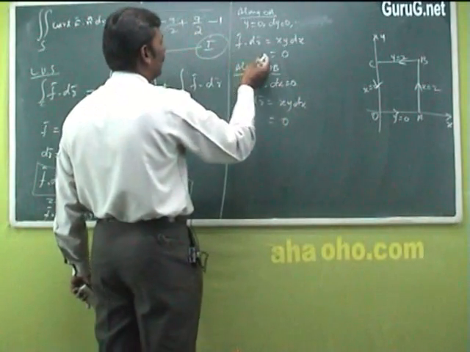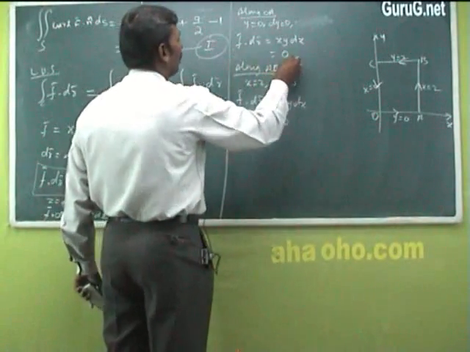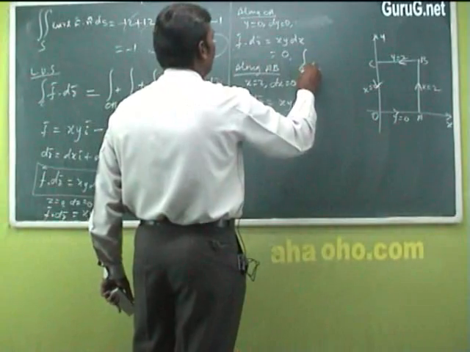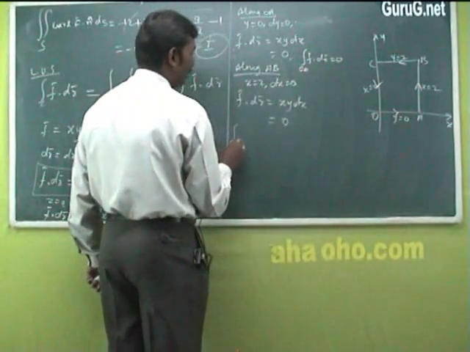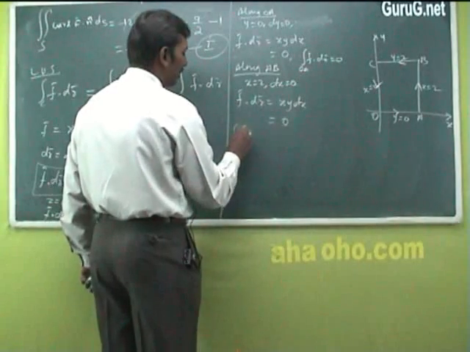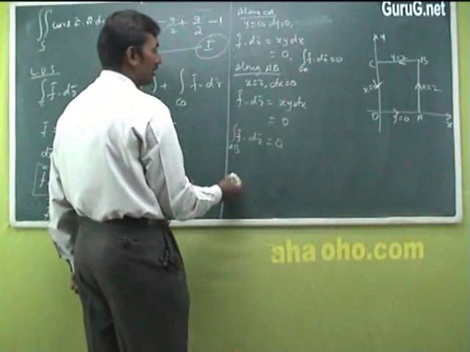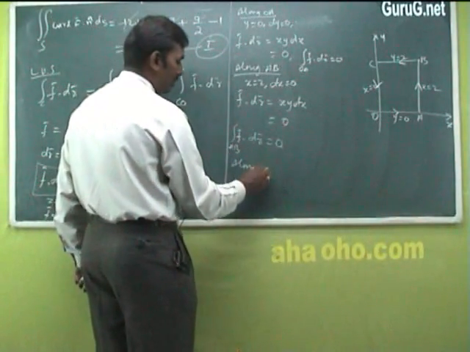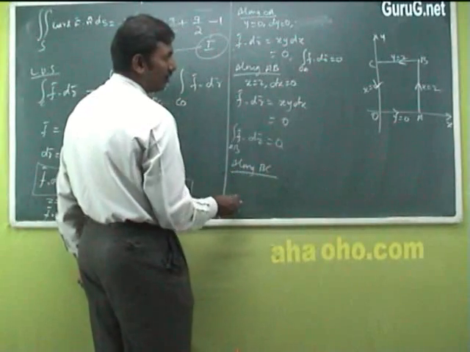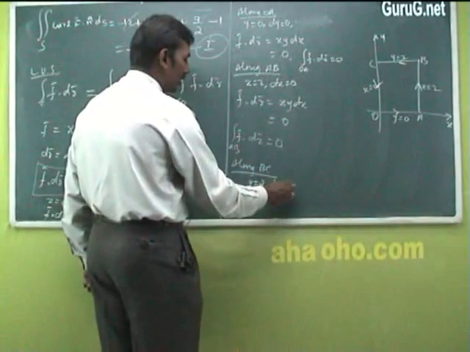So integral over OA f dot dr equal to 0, and integral over AB f dot dr equal to 0. So along BC, y equal to 2, so dy equal to 0.